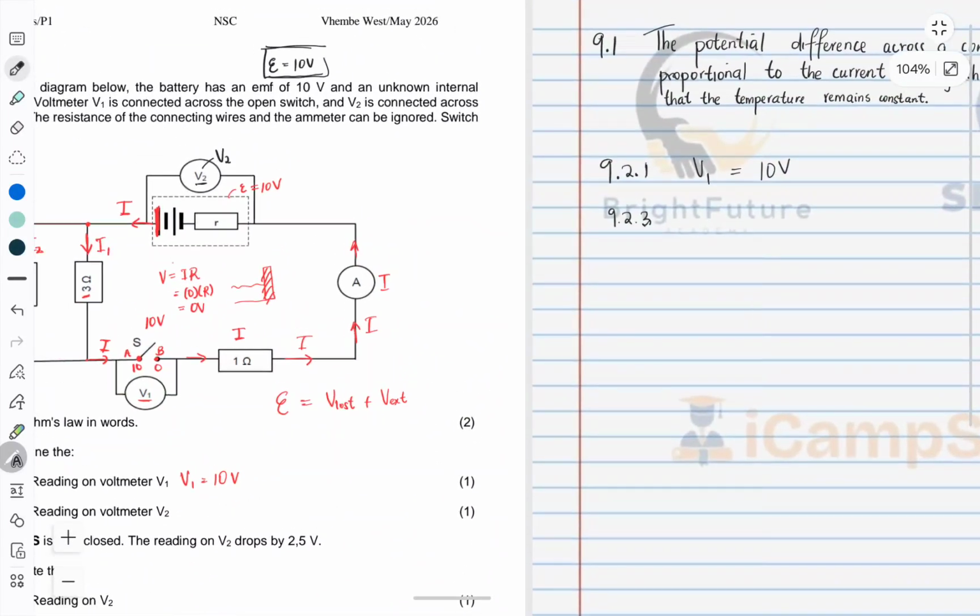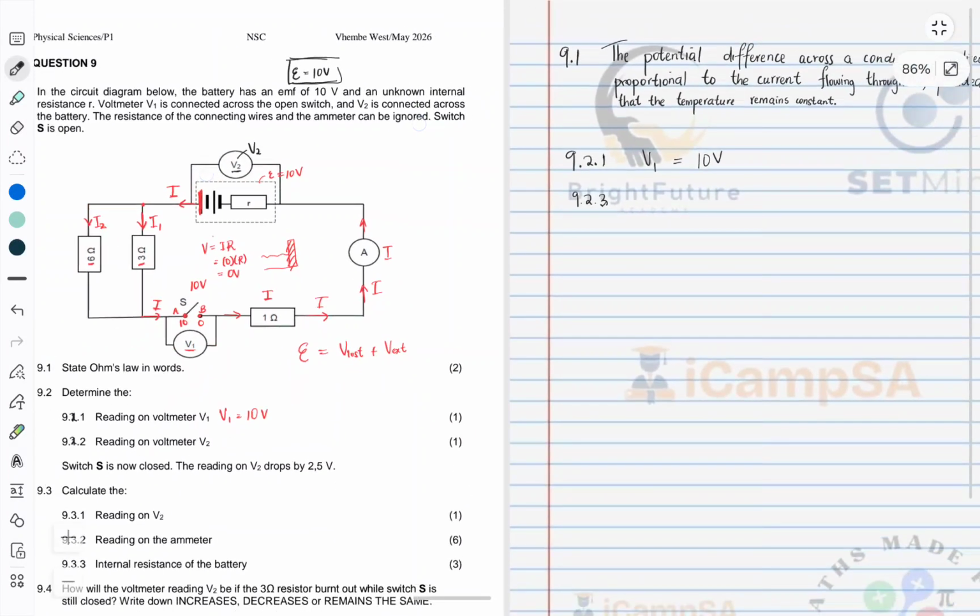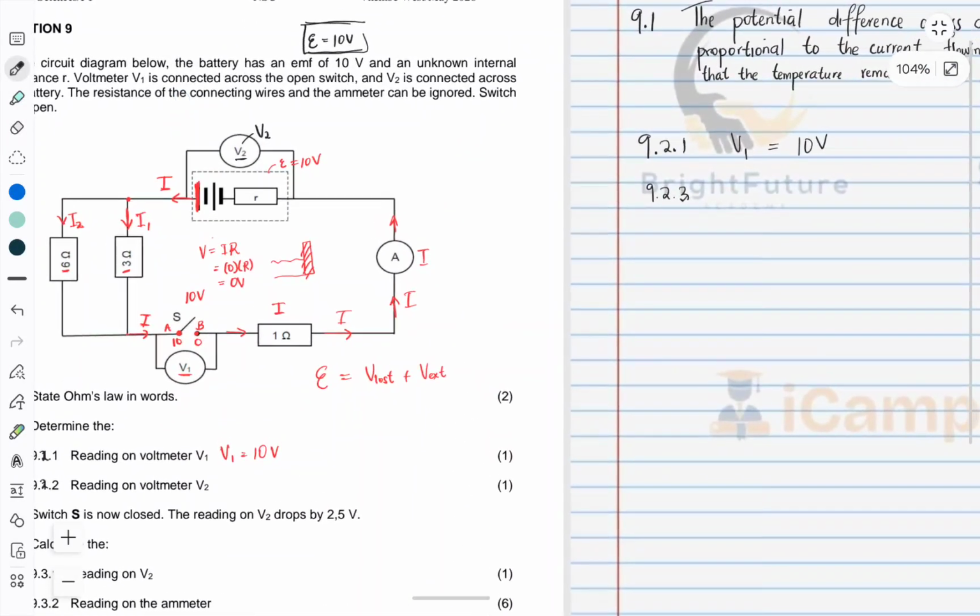So V2 would usually measure the potential difference across the battery. Since the switch is still open, there won't be current passing through, right?